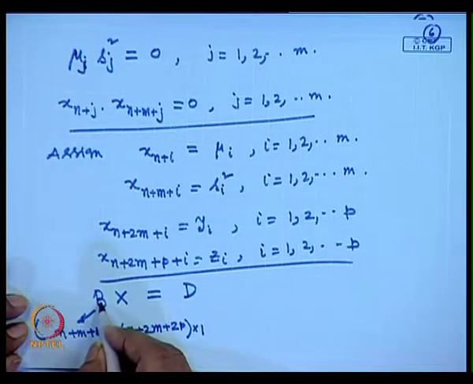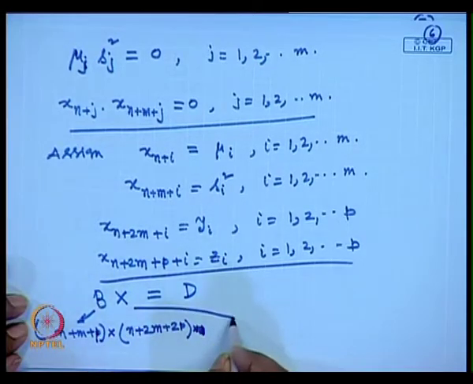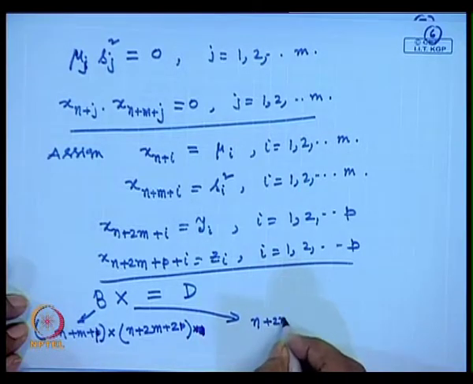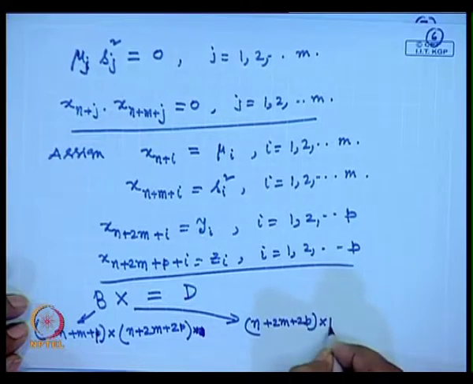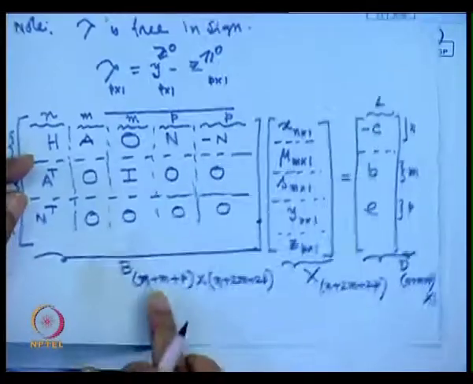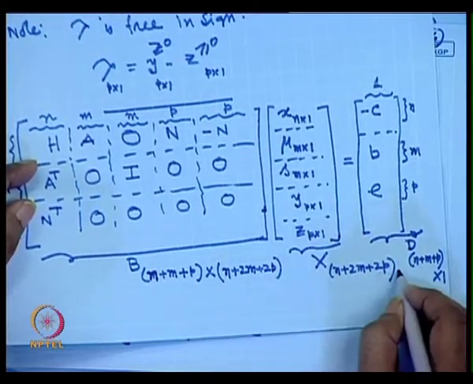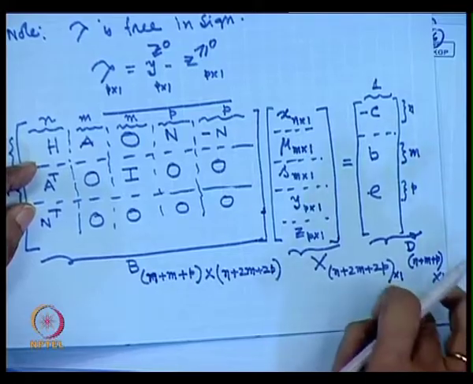So, this dimension is this into twice n plus this dimension is n plus m plus p, this is p plus twice n, and what is the dimension of that one? n plus twice m plus twice p into 1. See, what I have written and explained there, the same thing I am writing in this case, because it is a column vector, that is 1 will be there.